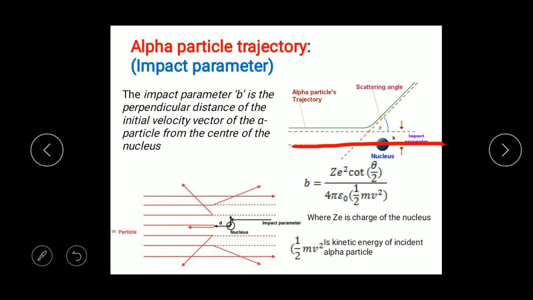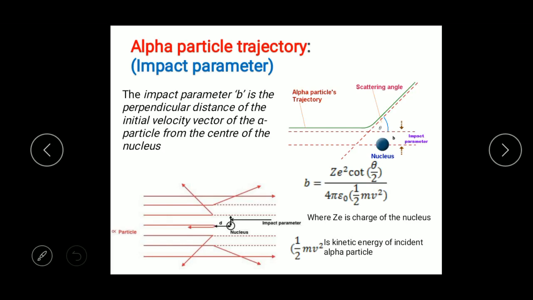The impact parameter is calculated by the formula b = Ze² cot(θ/2) divided by 4πε₀ (½mv²). Here Ze is the charge of the nucleus. You know that Z denotes the atomic number, and e is the charge of the electron.